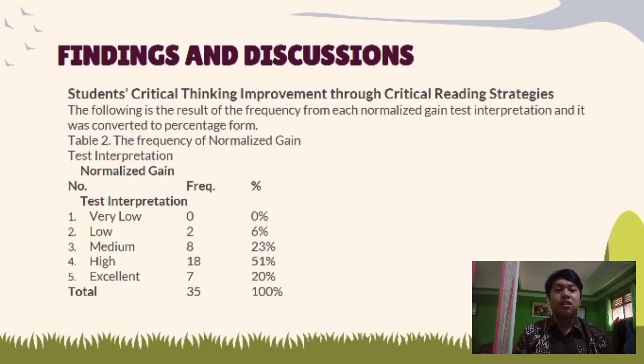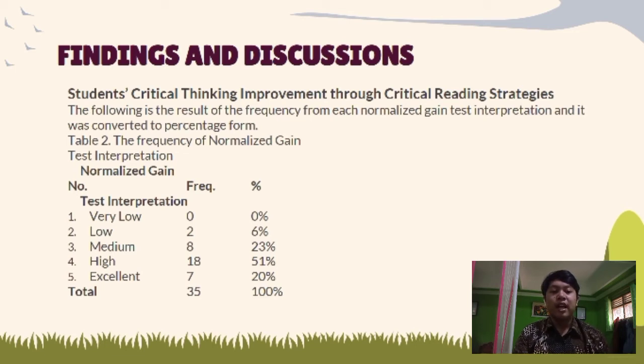Findings and discussions. Students' critical thinking improvement through critical reading strategies. The following are the results of the frequency of each normalized gain test interpretation, converted to percentage form. As you can see in table 2, the frequency of normalized gain. The table shows that 18 of 35 students, or 51%, made a high improvement of their score from pre-test to post-test.